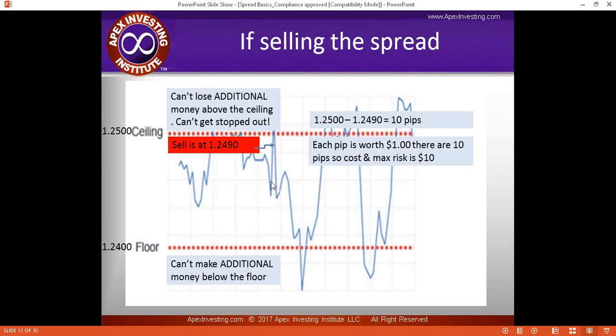Well, what if I sold at $24.50? What if I happened to sell when the indicator was at $24.50? So if I'm selling at $24.50 and the market goes up against me, what's the most I can lose from $24.50 to $2,500? Yeah, 50 bucks, exactly. Okay.